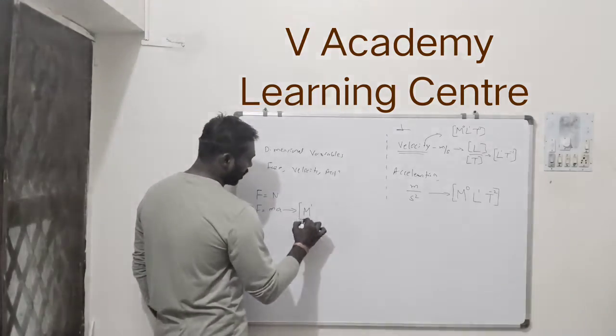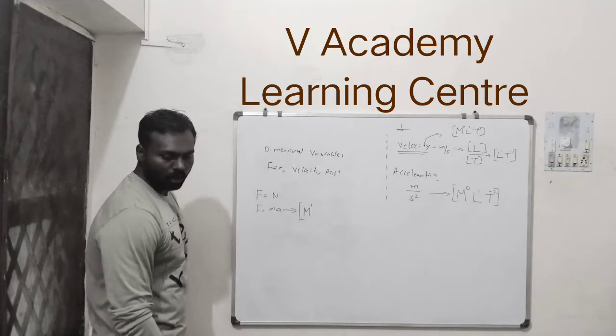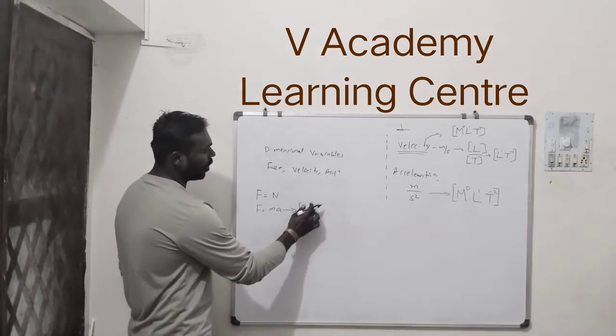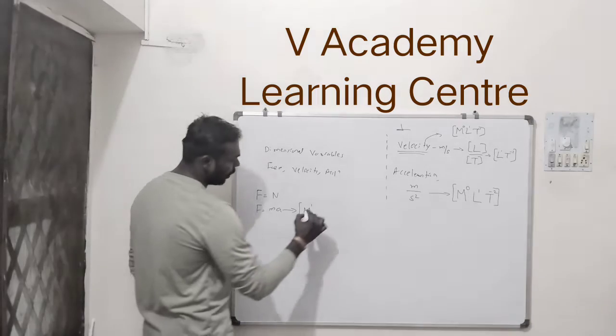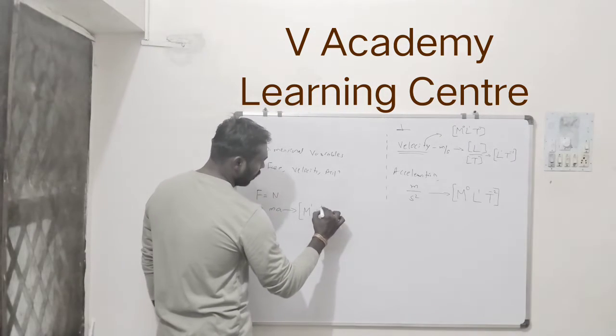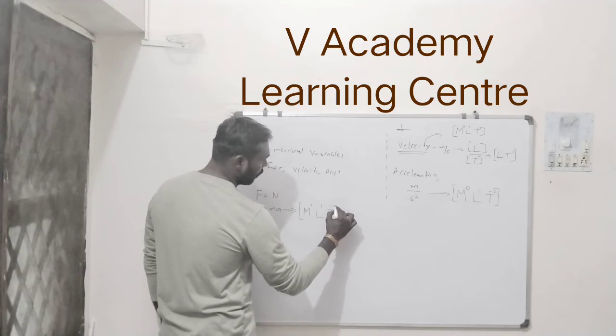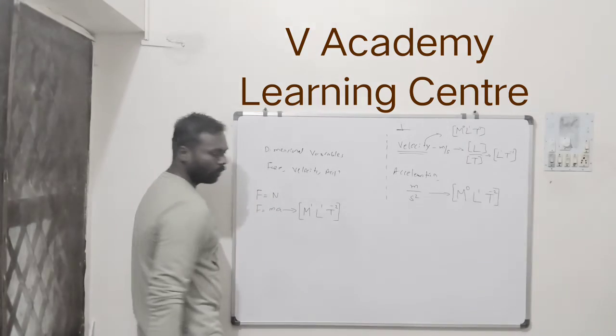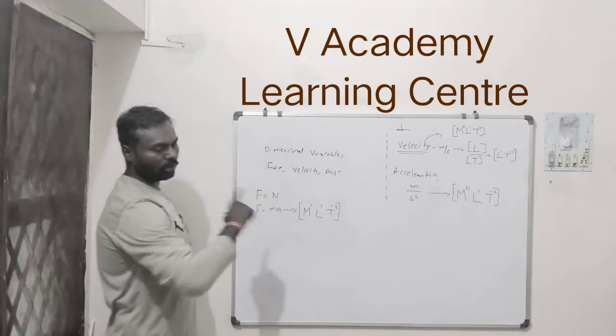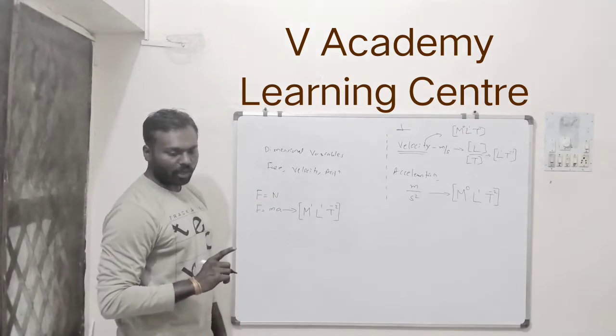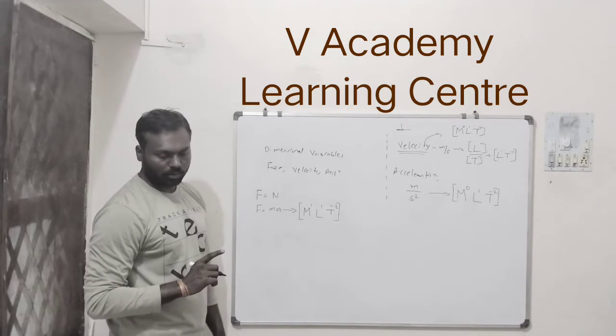Acceleration, you know very well: M to the power of 0, L to the power of 1, T to the power of minus 2. So this is the dimension of force.